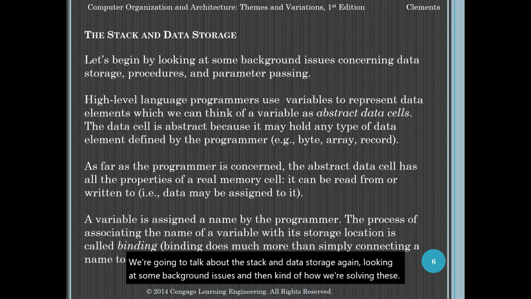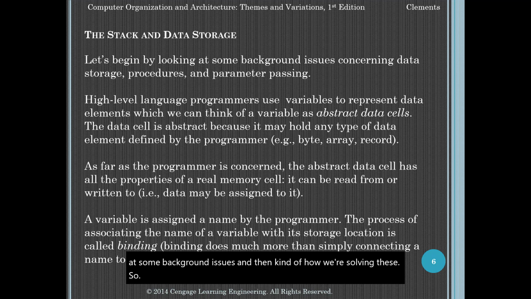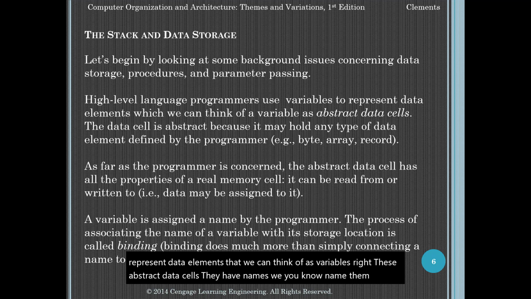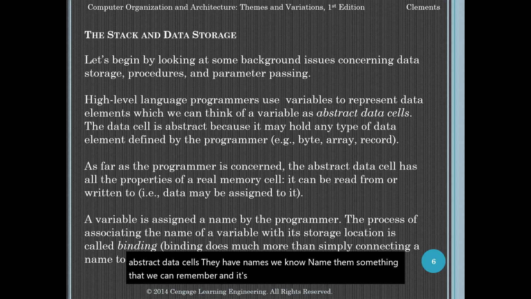So high-level language programmers can make use of variables to represent data elements. These abstract data cells have names. We name them something that we can remember and that's meaningful. The data cell is abstract because it can hold any type of data element defined by the programmer. It's maybe a byte, or an array, or a record.